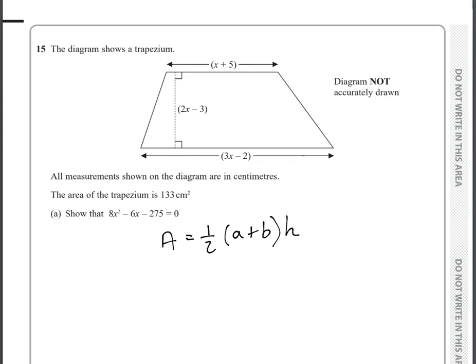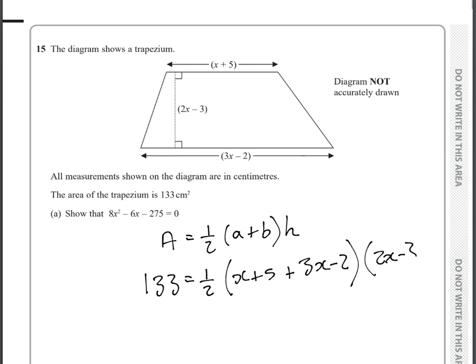So we know the area is 133. We know that equals a half times a, that's the top length, x plus 5, plus the bottom length, 3x minus 2, times h, which is 2x minus 3, times by half equals 133.